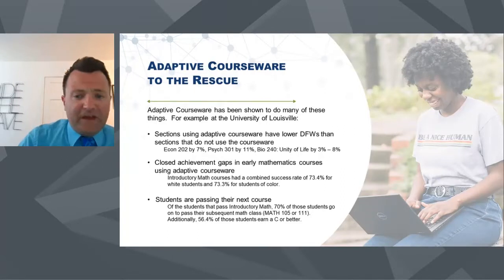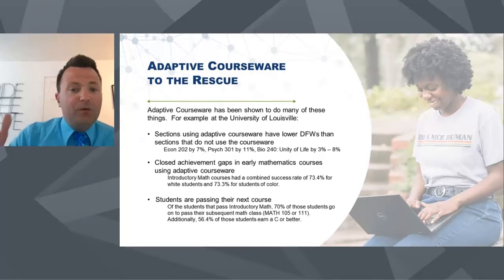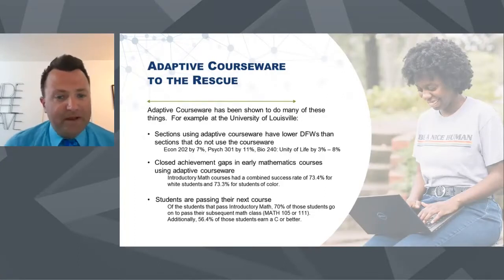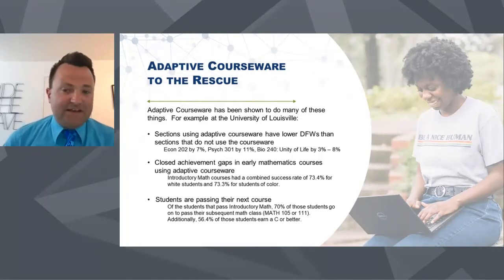And we found that 70% of those students who passed those classes would go on to pass their next class. And additionally, 56% of those would earn a C or better. Now, we're looking at, did they get credit for the required math requirement? And yes, they did.